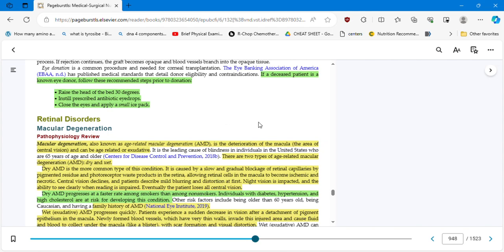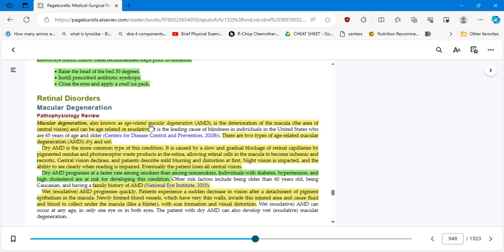So you need to pay attention to this. Raise the head of the bed 30 degrees, instill prescribed antibiotic eye drops, close the eyes, and apply a small eye pack. Okay. And these are very basic, only related to the cornea. There are other protocols for donating your kidneys, donating your liver.